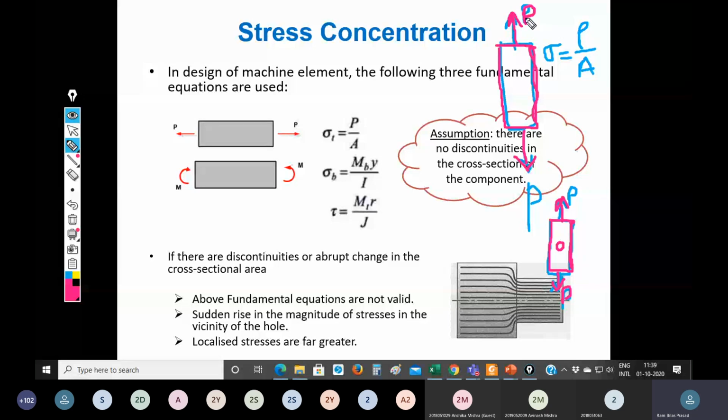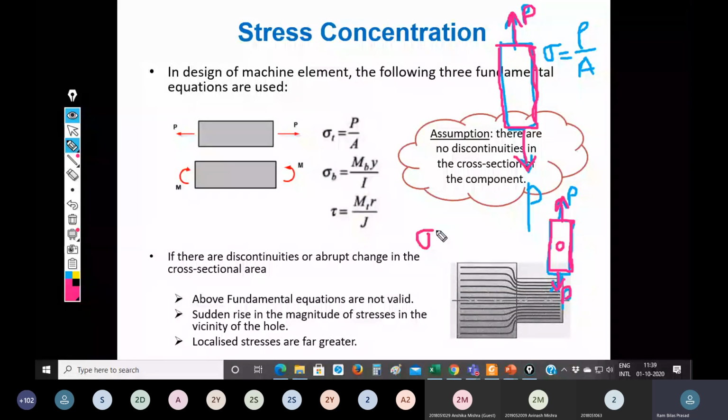So what equation should you use to determine the stress? Can we use sigma equal to P by A in the case when we have a hole? Think on it.